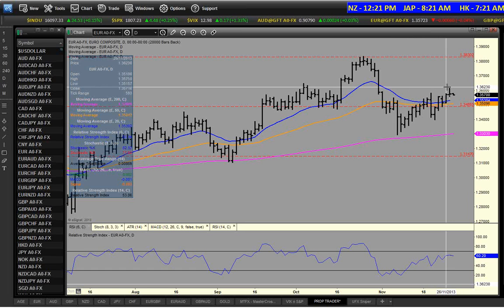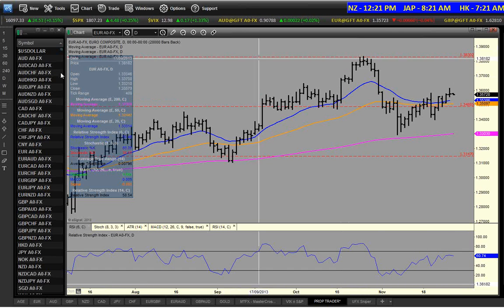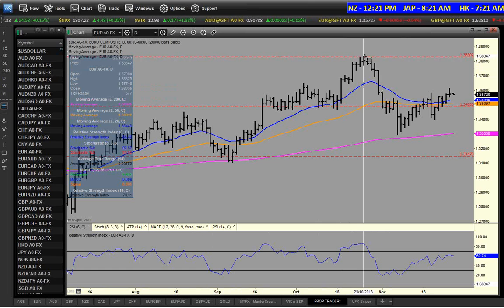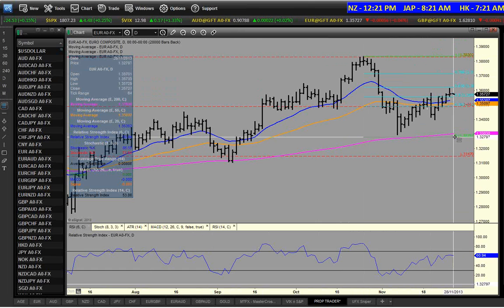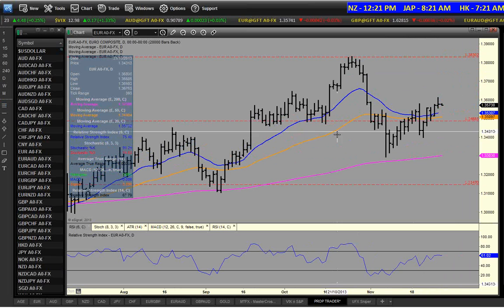So not a level I know of anyway, so I wouldn't worry about that. Just out of curiosity, that's 5 pips away from that, but as I said, I don't think that's a very strong level.